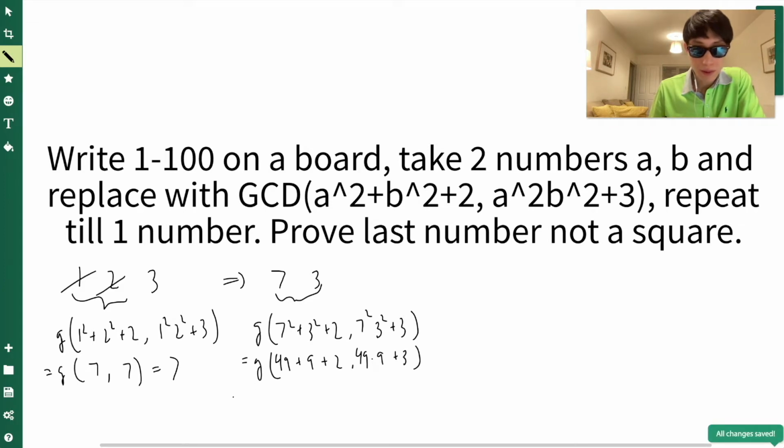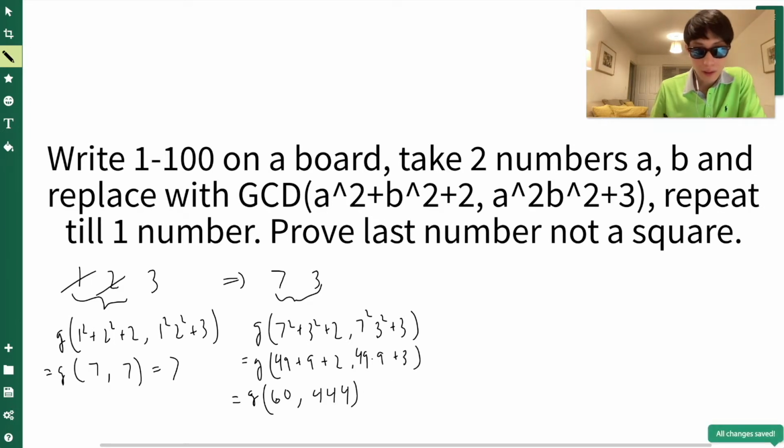Some quick maths here: we have the GCD of 49 plus 11, which is 60, and 49 times 10, which is 490, minus 49, which is 441, plus 3, which is 444.